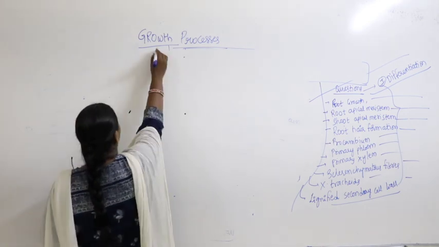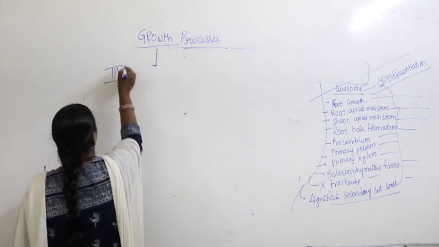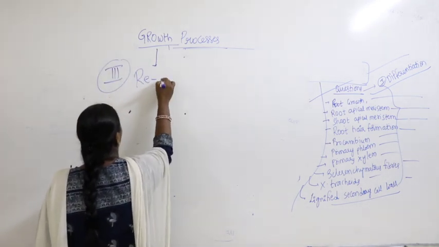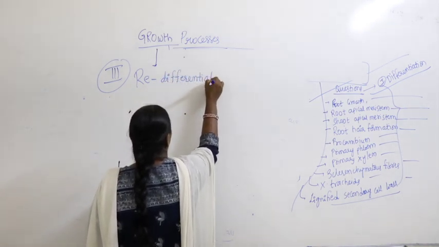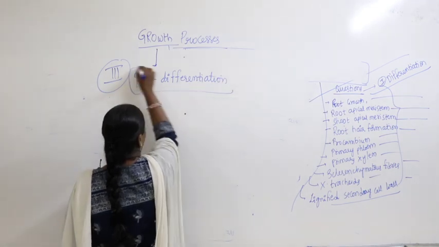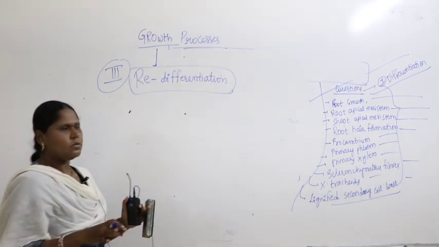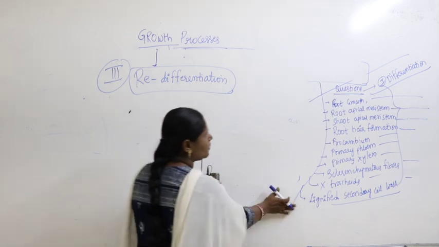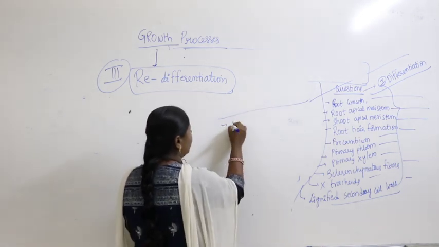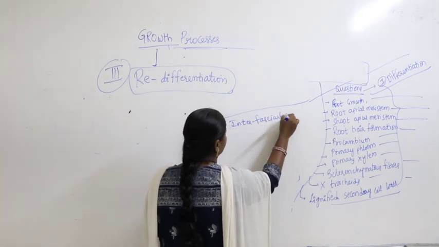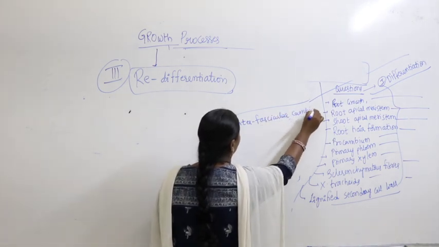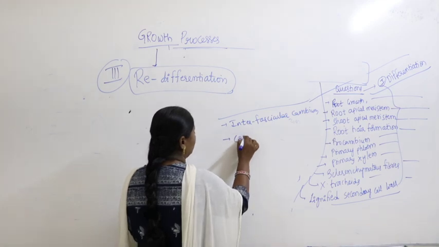We have to continue for the next one, redifferentiation. I will continue with the questions. What questions will you get? Interfascicular cambium, and the other one, cork cambium.